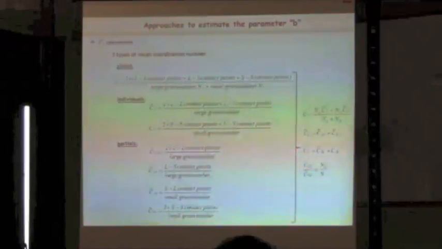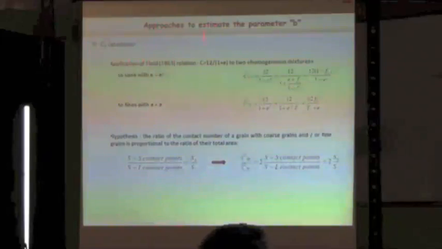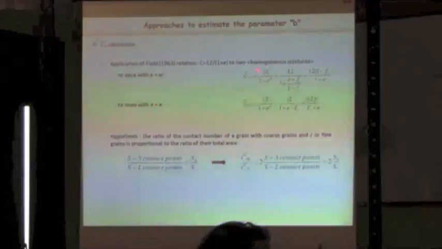To resolve this system of equations, we assumed that our mixture is homogeneous, and then we applied the relation given by Fields, which is C equals 12 to 1 over the void ratio, to the sand in order to calculate CLL, and to the fines to calculate CSS.